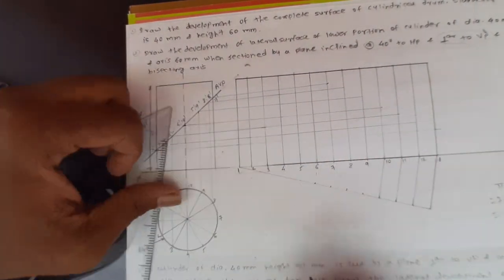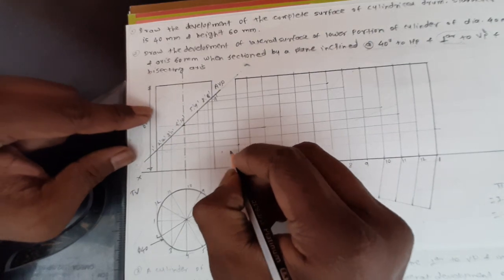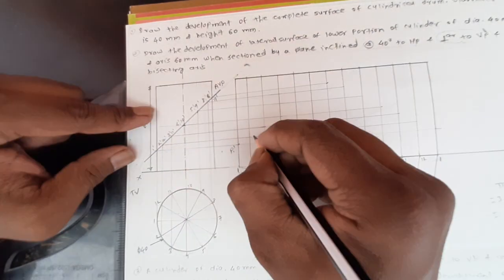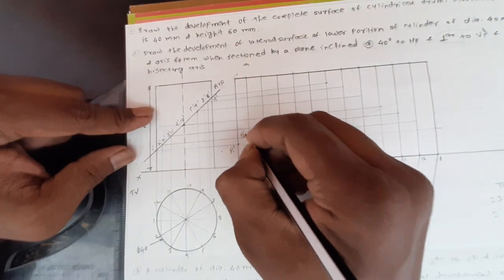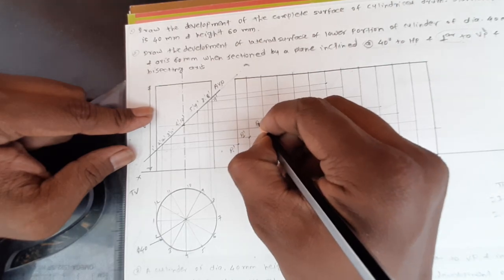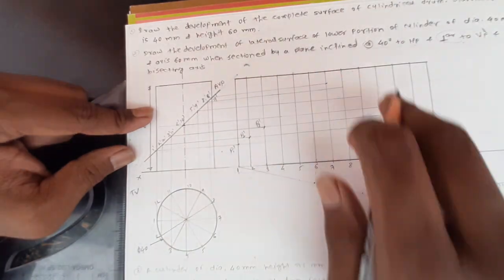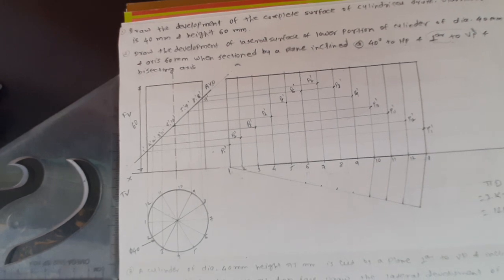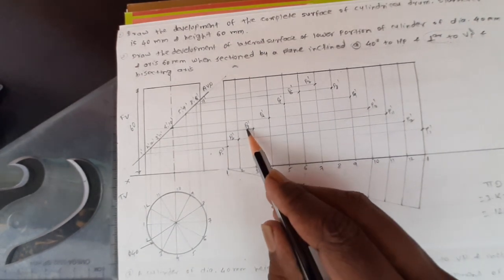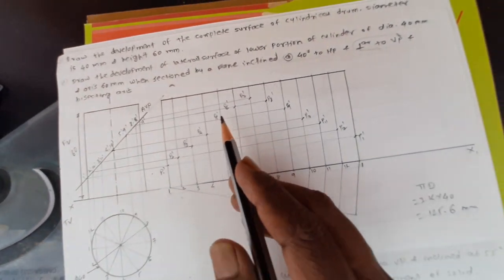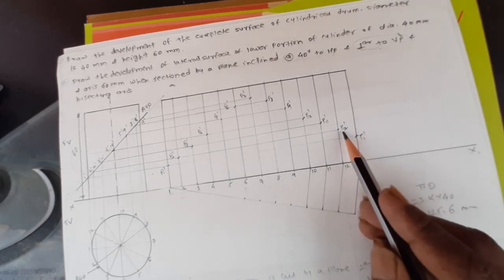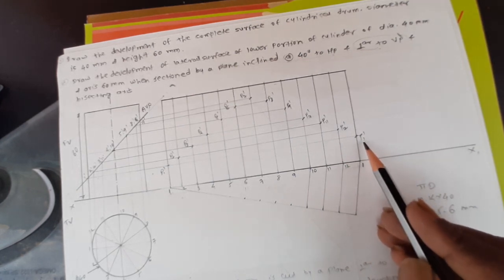Let's say this is p1 dash, this is p2 dash, p3 dash, like this. Here I mark the points p1 dash, p2 dash, p3 dash, p4 dash, p5 dash, and the last one up to p12 dash, and the last one is again p1 dash.